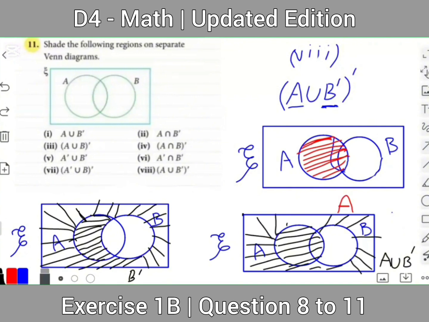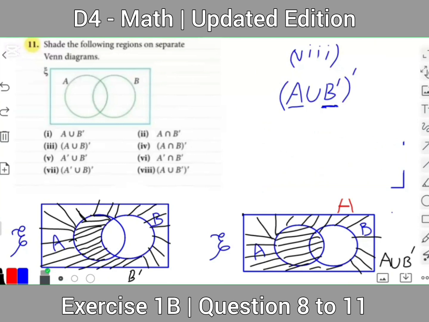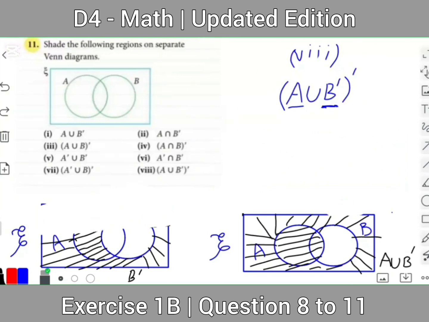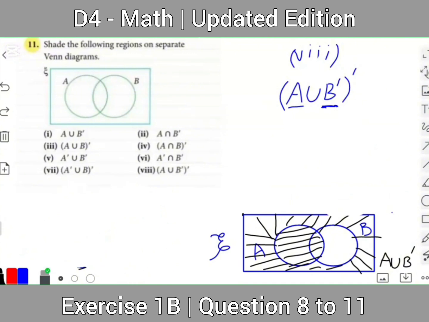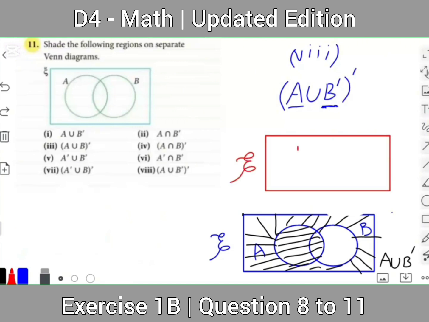Now we have to find out A union B complement complement. So for this, we will draw another rectangle that represents the universal set eta. Inside it, we will draw two overlapping circles representing the sets A and B respectively.